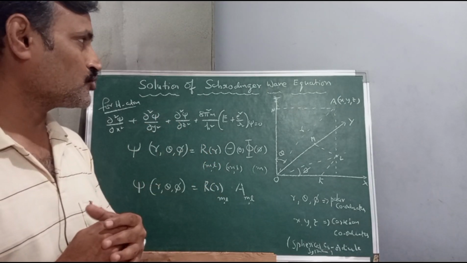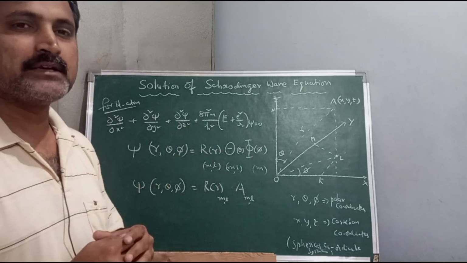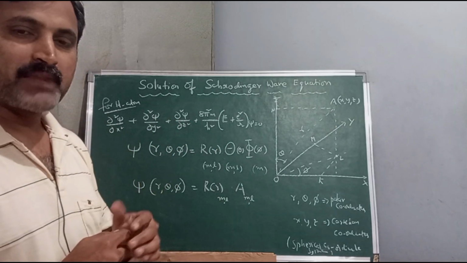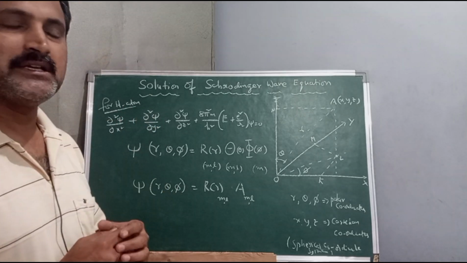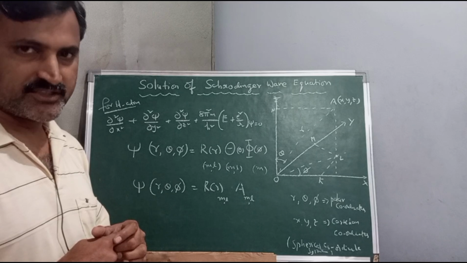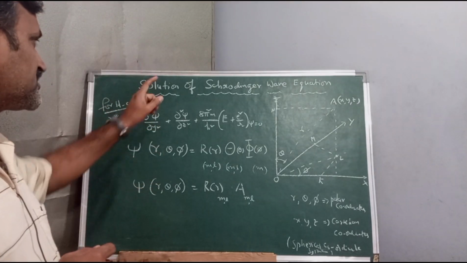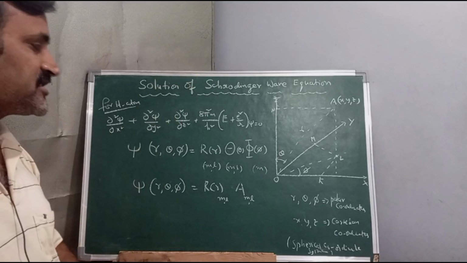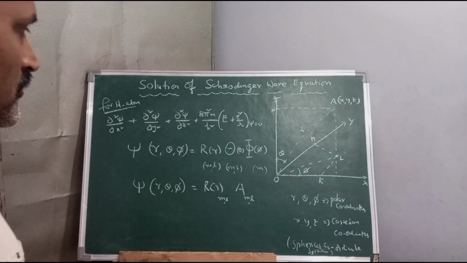So we cannot solve the Schrodinger wave equation right now for multi-electronic species. Anyway, at that time, this Schrodinger wave equation got prominence in wave mechanics. Okay, let us discuss the solution of the Schrodinger wave equation by considering the spherical coordinate system.